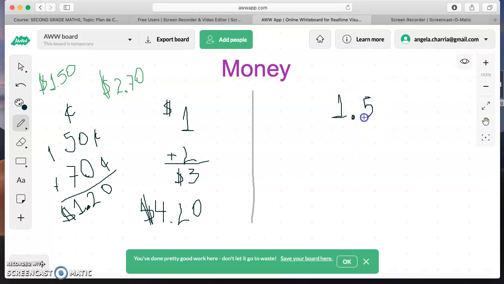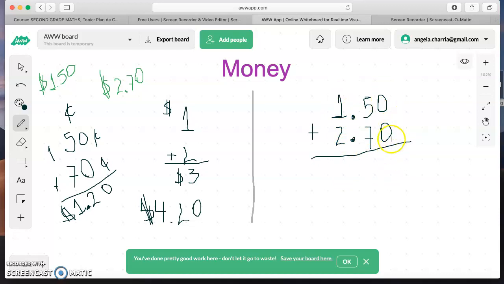So $1.50 plus $2.70. Notice that the cents are organized properly, and the dollars are organized properly, one under the other, okay?